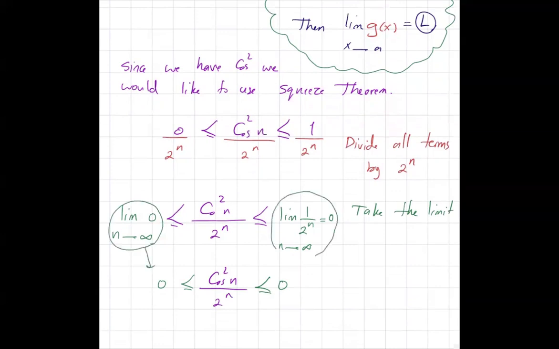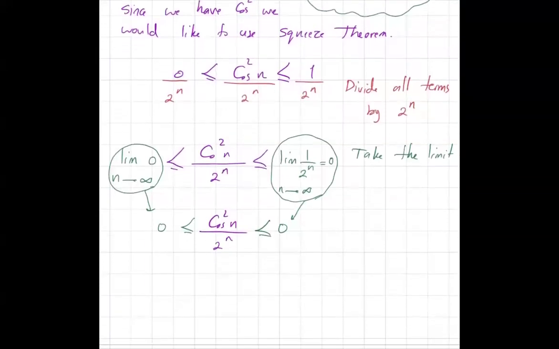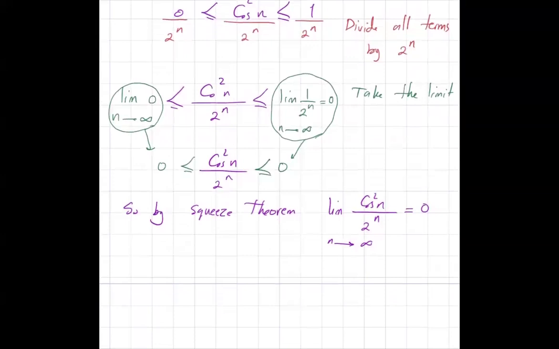And the limit of 1 over 2 to the n as n goes to infinity is also equal to 0. So by the squeeze theorem, or sandwich theorem, the limit of cosine squared of n divided by 2 to the n as n goes to infinity is equal to 0.